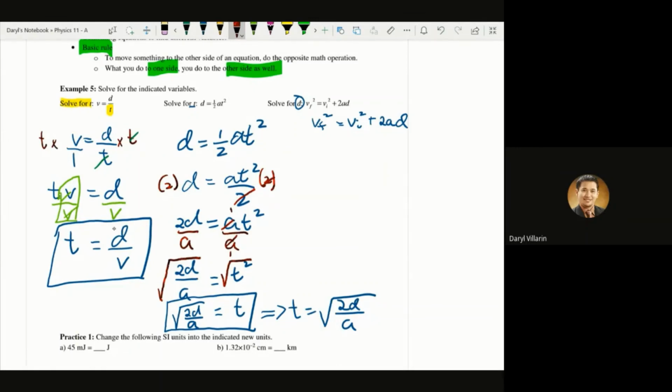So to get rid of my Vi squared here, I need to subtract Vi squared, because Vi squared minus Vi squared gives me 0. But remember, again, the general rule is that whatever you do on one side, you also do on the other side. So you have minus Vi squared.